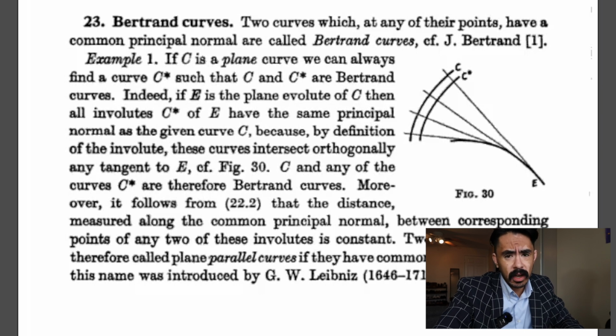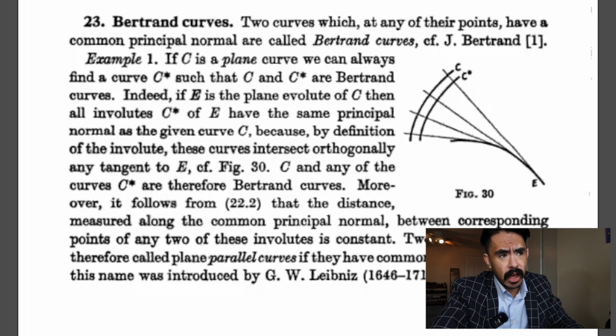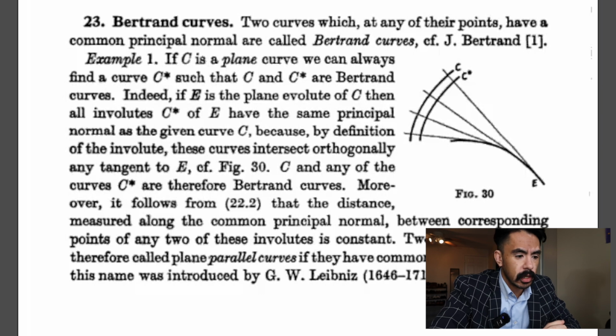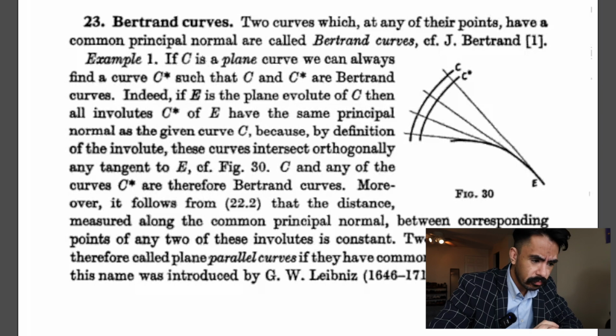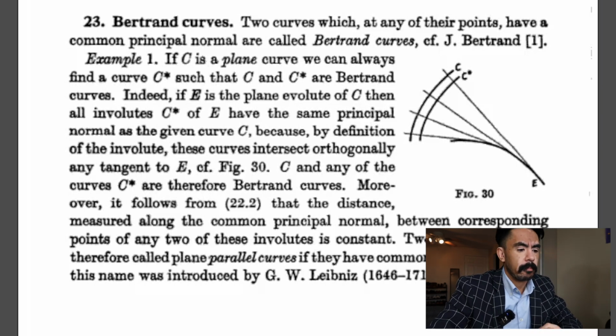I think between Monsieur Bertrand and Riemann, those two guys are viewed as the big pillars of differential geometry, if I'm not mistaken. Especially Riemann, obviously, but I think Bertrand also gets some credit for being one of the big heavy lifters in differential geometry.